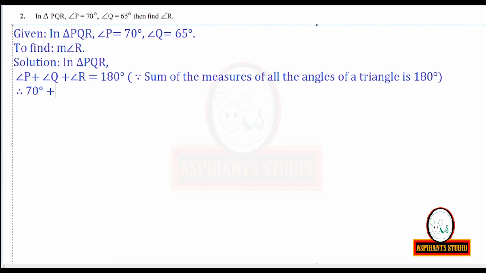So substitute these values over here. You will get 70 degrees plus 65 degrees plus measure of angle R is equal to 180 degrees. By the given data.